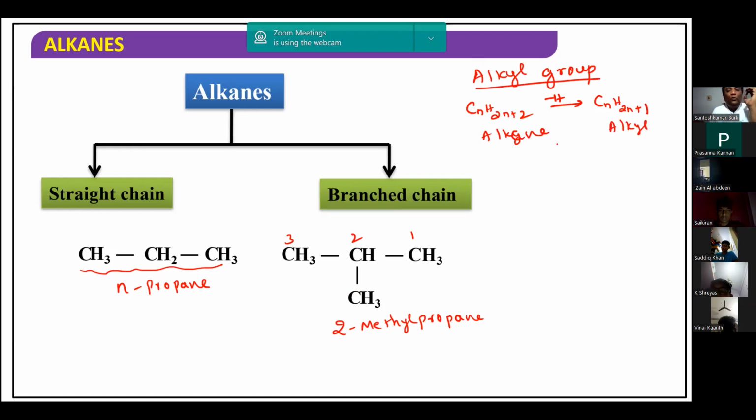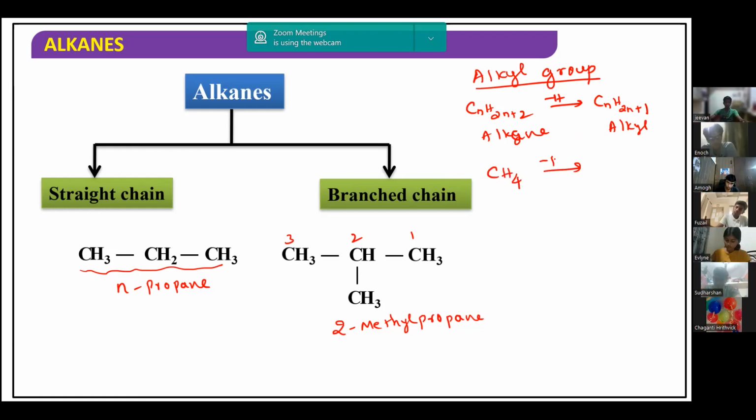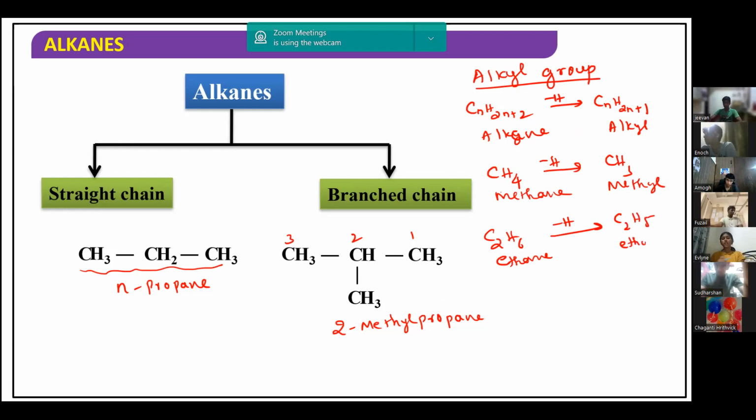So when you remove one hydrogen from an alkane, it becomes an alkyl. Let me take methane as an example and remove one hydrogen; it becomes CH3, which is called methyl. Now if I take C2H6, ethane, and remove a hydrogen, it becomes C2H5. It is called ethyl.